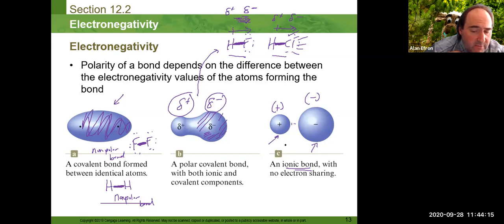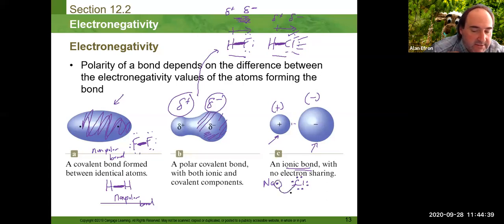And lastly, when we get something like sodium, which has one valence electron, with chlorine, which has 7 from group 7, because they have a very big difference in electronegativity, sodium is like 0.8 maybe, and chlorine is 3-ish, what's going to happen is chlorine's going to go, thank you very much, I want your electron.